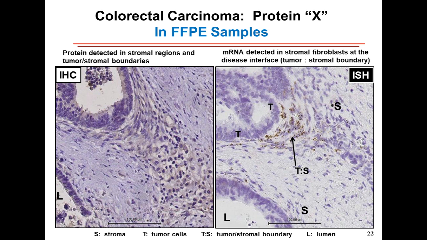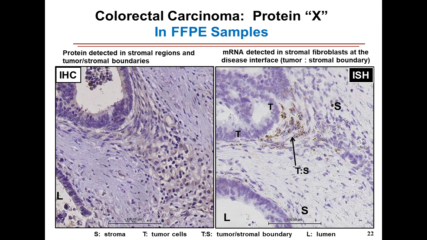I like to show this picture because one thing about protein X that we know is that it's produced and secreted by activated fibroblasts, and these fibroblasts are activated more closely to the tumor stromal boundaries. I have that depicted there by T:(S).